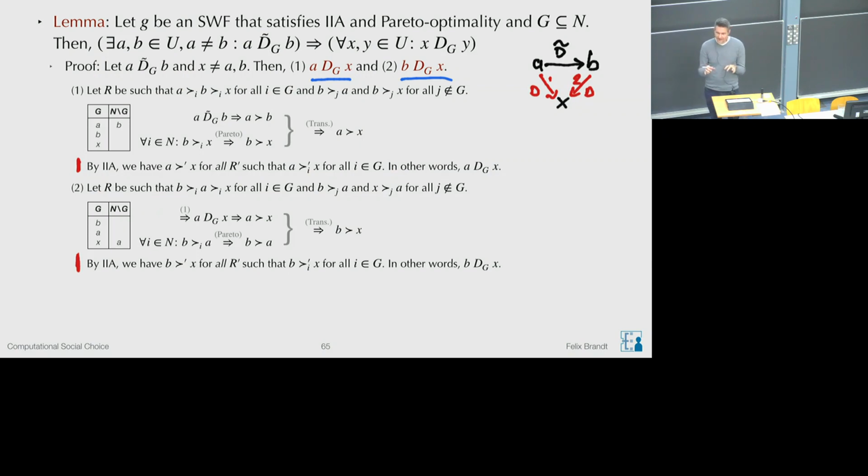So here you can think that this is really just a property of a single profile. But what we showed in the first statement here is that if this is true, then we have this consequence here, which is real decisiveness, and that's clearly not a property of a single profile. So this is a consequence for all profiles in which A is preferred to X by the voters in G, but all the other voters can have any preference.